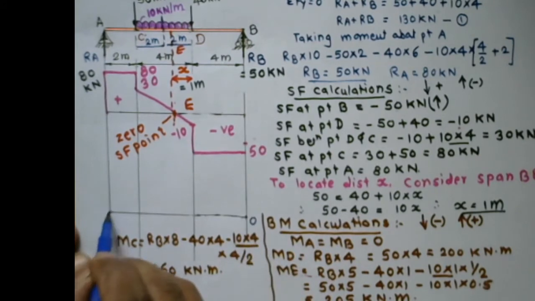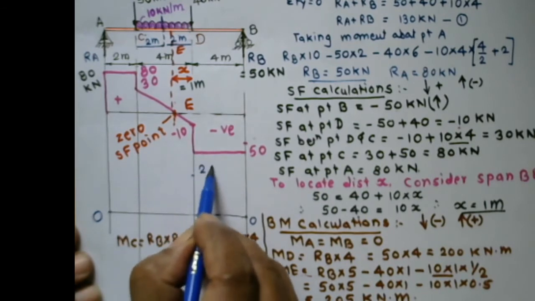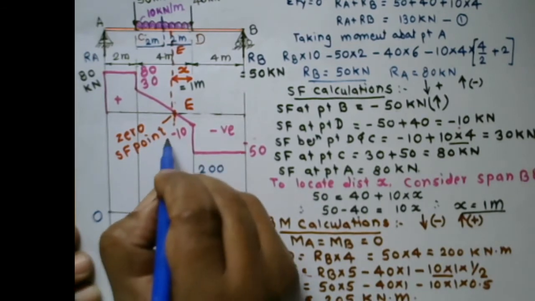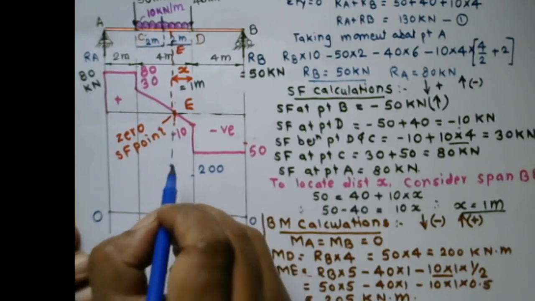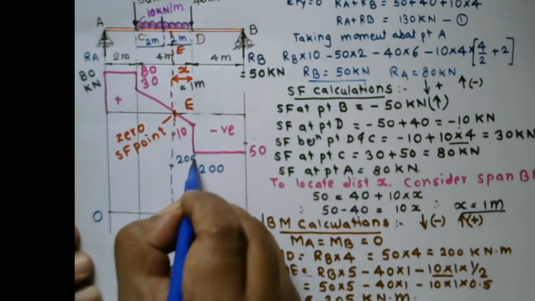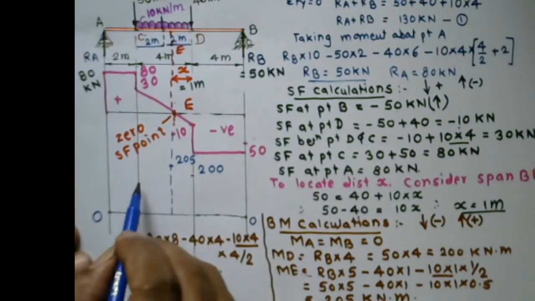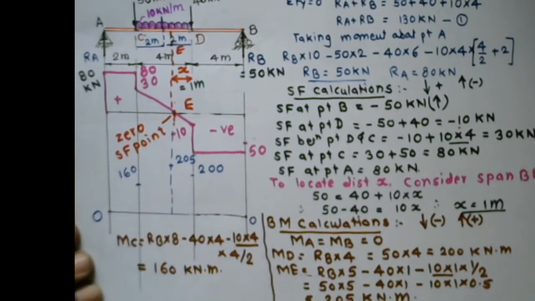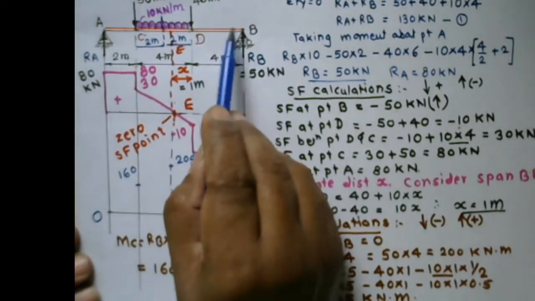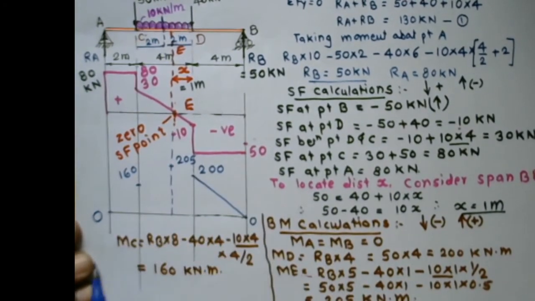Now we have to plot the bending moment. At point B, bending moment is 0. At point A, bending moment is 0. At point D, bending moment is 200. At point E, bending moment is 205. At point C, bending moment is 160. Between the points B and D there is no load, so we have to join by an inclined line.